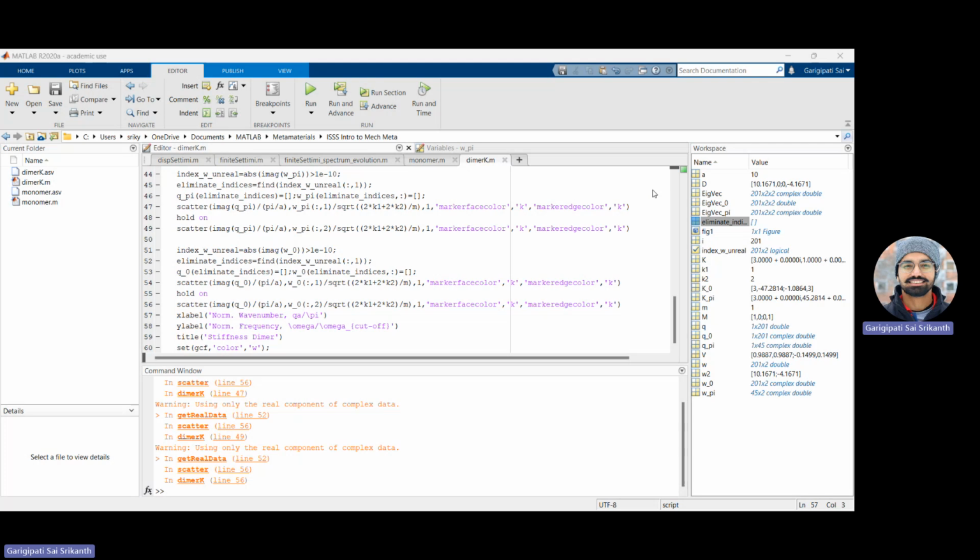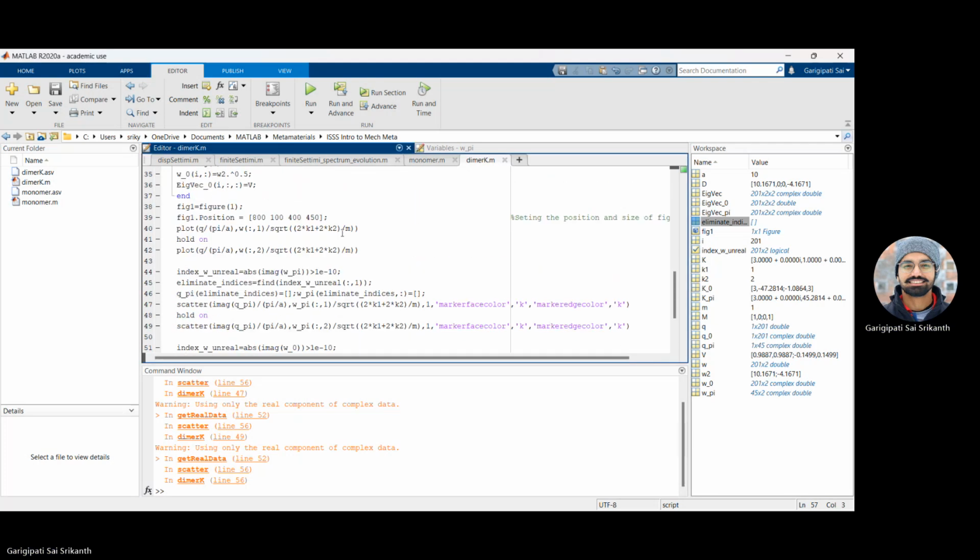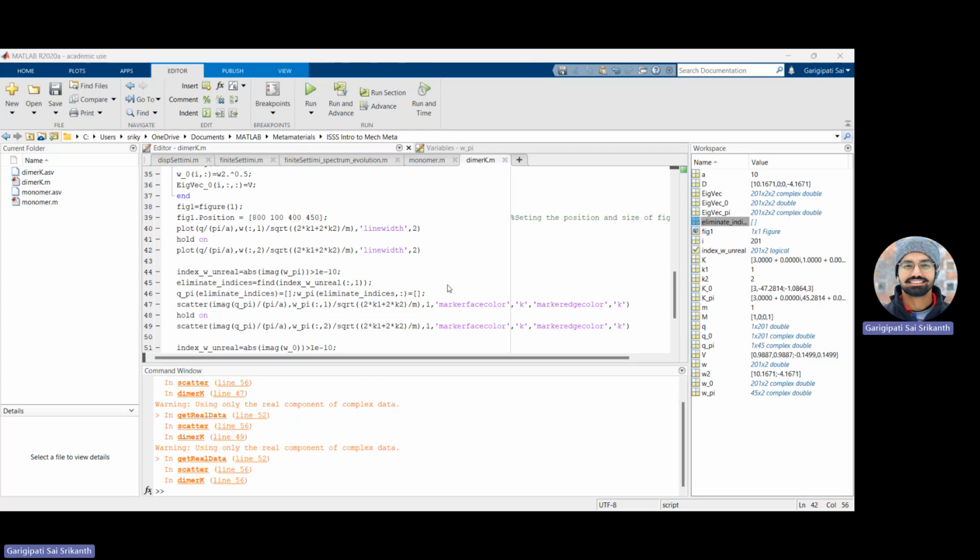Okay, let's take in the pass bands. 9 with at least. Awesome.